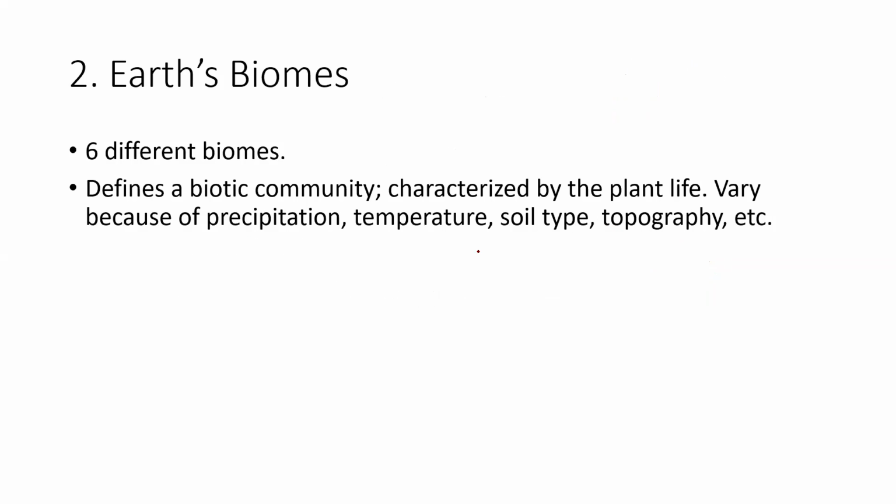Okay, 6 different biomes that we're going to look at today. And biomes define the biotic community. They're characterized principally by the plant life. And they are different primarily because of precipitation and temperature, but also because of soil types, the salinity of the water, things like that, and also the topography, which means are there mountains present, for example, or large bodies of water.